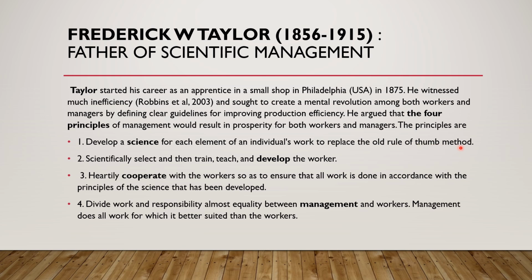Rule of thumb means whatever fits, you just put it, or with your whims and fancies, whatever you feel like, you do that way. But no, he said that for increasing productivity and working efficiently, you need to develop a science, make the rules basically. Then the second was to scientifically select and then train, teach, and develop the workers.